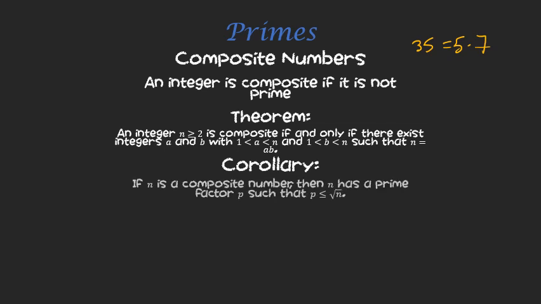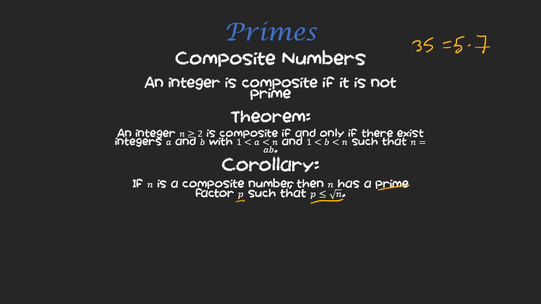So a corollary to this that'll help us is that if n is a composite number, then n has a prime factor p such that p is less than or equal to the square root of the number. So when we're testing for something to be prime, this is telling us what we should test. If it's a composite number, we should be able to find a prime number p such that p is less than or equal to the square root of n.